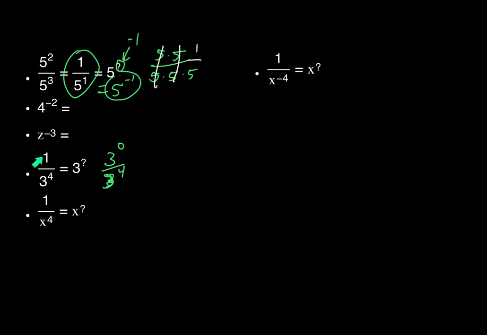All right, so now I have this 1 I just rewrote as 3 to the 0. This 3 to the 4th is right there, 3 to the 4th. And when I have same bases and I divide, I'm going to be subtracting. Three to the negative 4th.